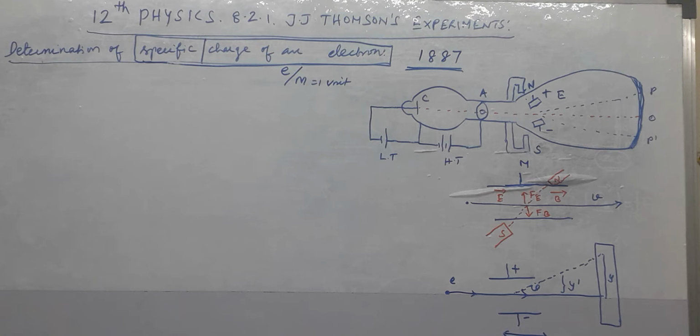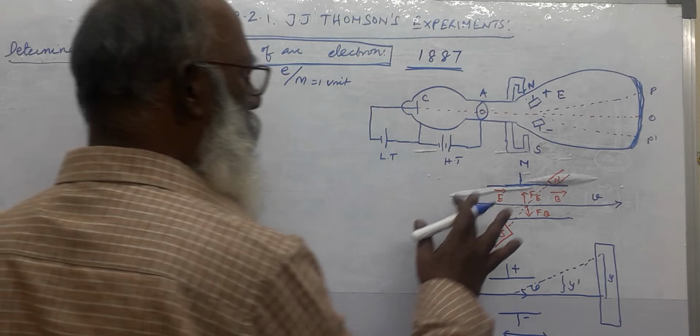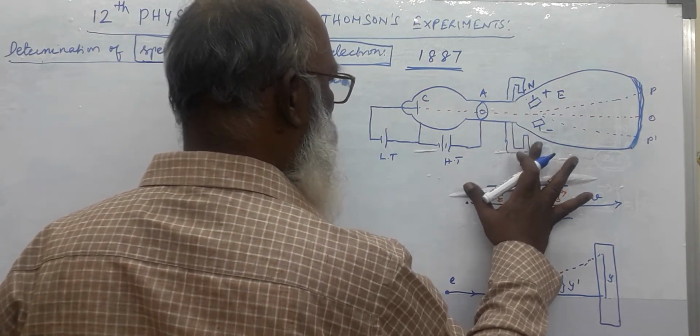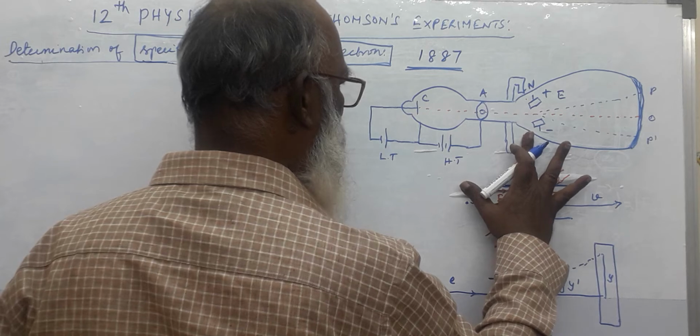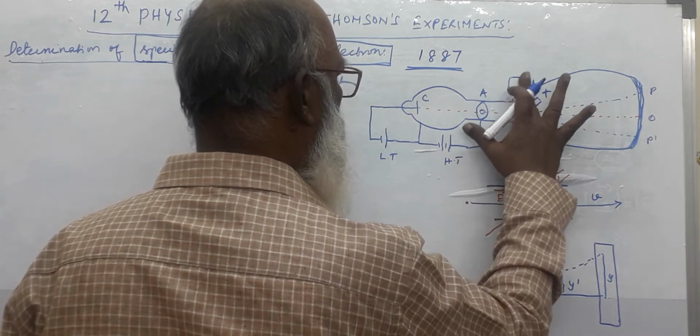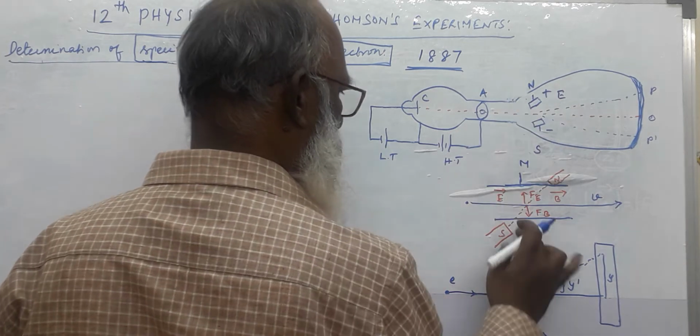Okay, now we are going to see the construction of the tube. If it is difficult to draw the figure of the magnetic field like this, then you can draw it like this figure.